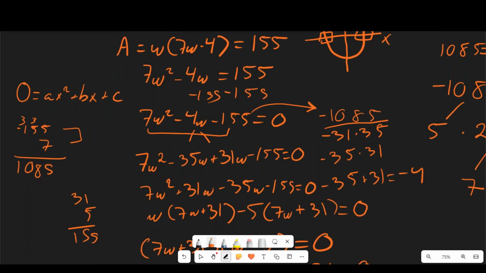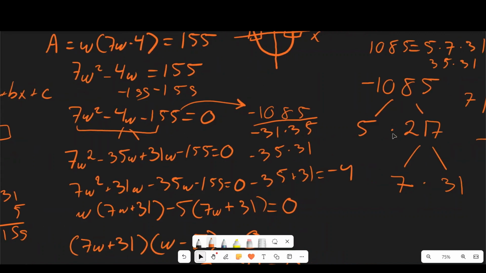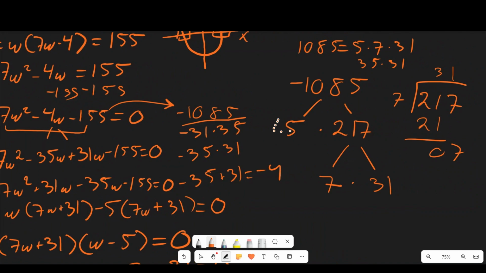Once we figured that out, we had to find two numbers that, when multiplied together, equal negative 1085 and also add up to the middle term, right? To figure out the two numbers, we made a factor tree of negative 1085. Also, you could use your calculator to do so, but we made a factor tree.